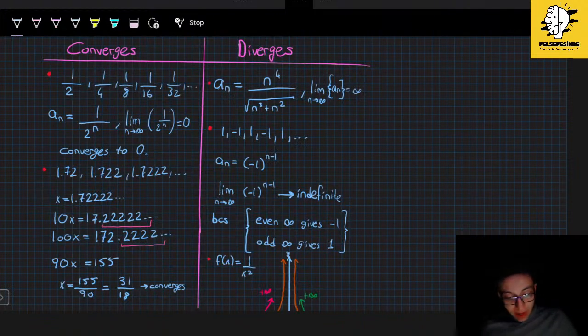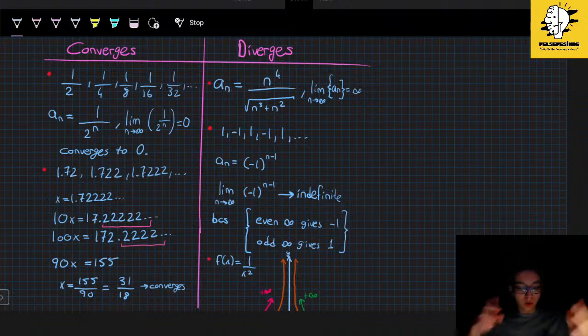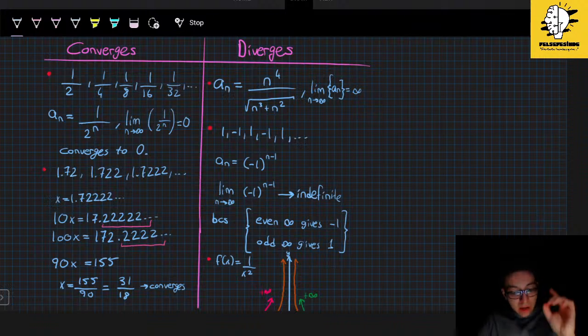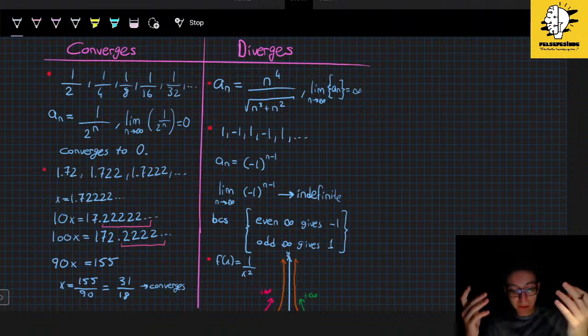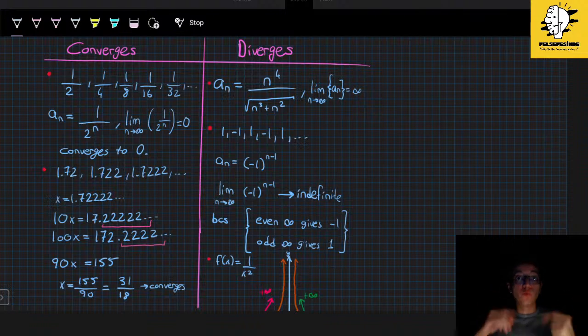It is given that a_n is equal to n to the power 4 over the root of n cubed plus n squared. In this case, we can find diverging functions and series very easily. If the power of the numerator is greater than the power of the denominator, it diverges. Why?